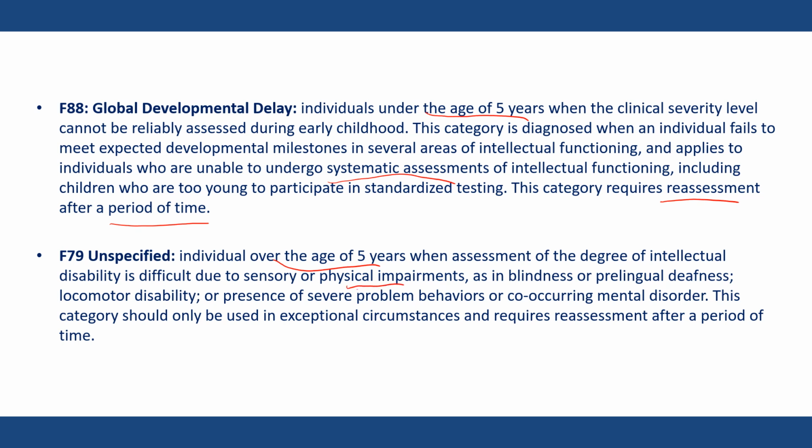Maybe the child is blind or has prelingual deafness or some kind of locomotor disability. Any reason where you cannot assess a child at this time, then you will use the term unspecified because you are not able to really specify anything, with the understanding that again you will go back and do the assessment.